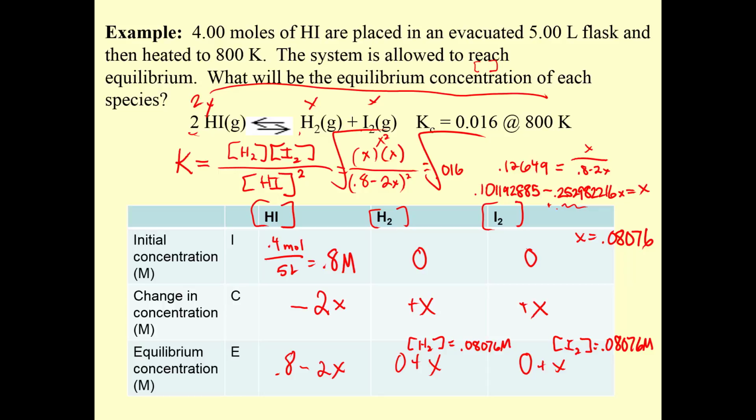And then the HI concentration is, plug in for x, 0.8 minus 2 times 0.08076.